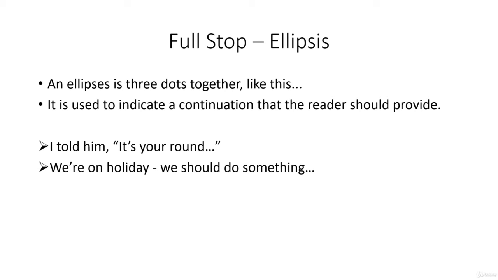We're on holiday, we should do something... Which invites the person he's talking to to fill the dots in and provide a suggestion for what we could do. Tomorrow is Saturday, no work... Again, the invitation is there to fill in the dots with a suggestion of what we can do tomorrow when we have time off.